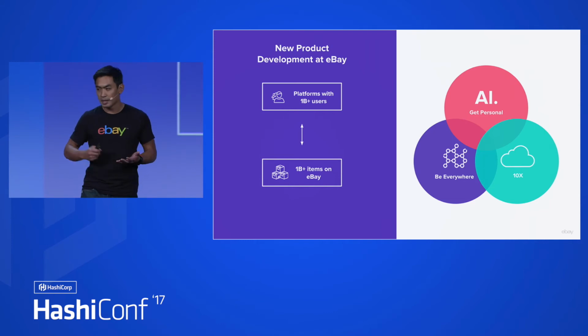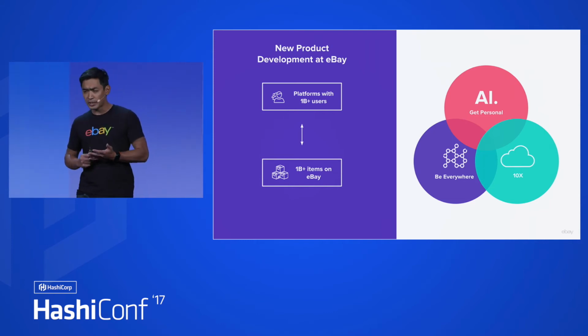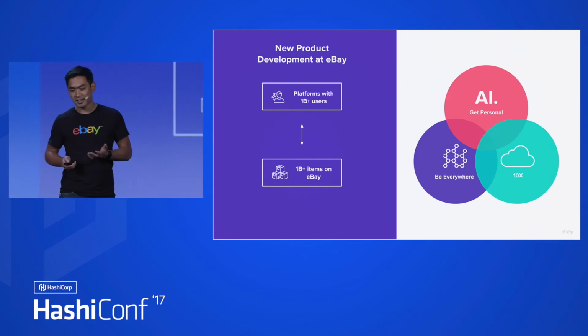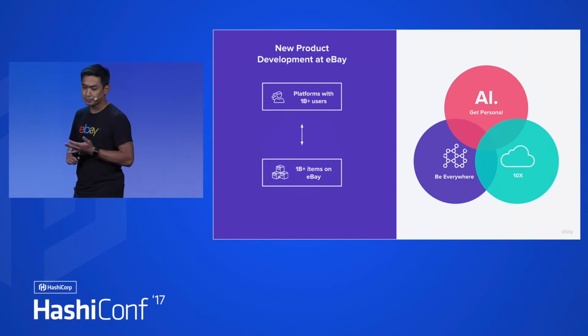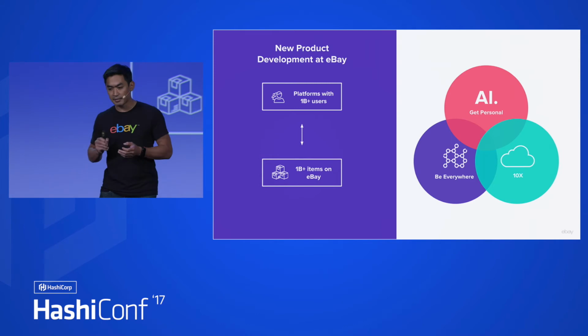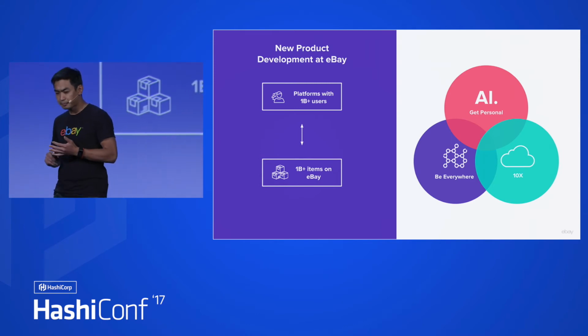There's a lot of momentum, a lot of great companies were coming out with awesome things that we just kept on hearing about but never got to actually use. So looking at the slide, we have three main focuses for our team.